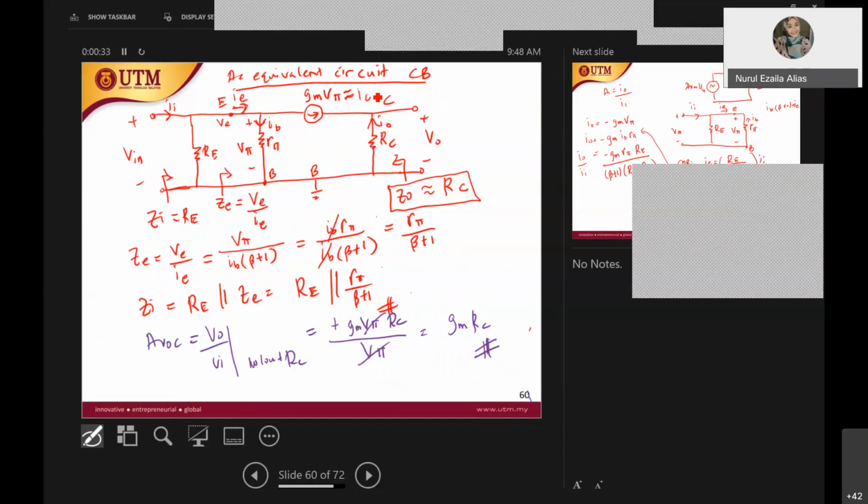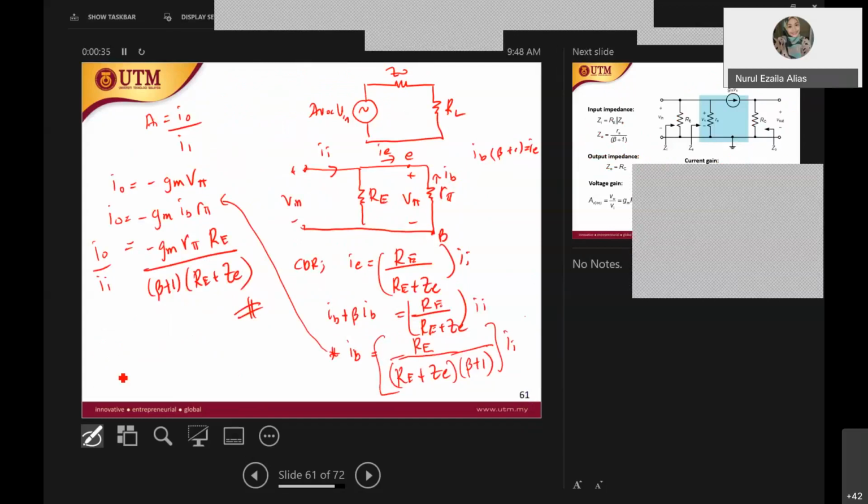So finally, you will get that it is equal to IB plus beta IB. Same. Irshad, are you clear with that? Yes, Doctor. Okay.